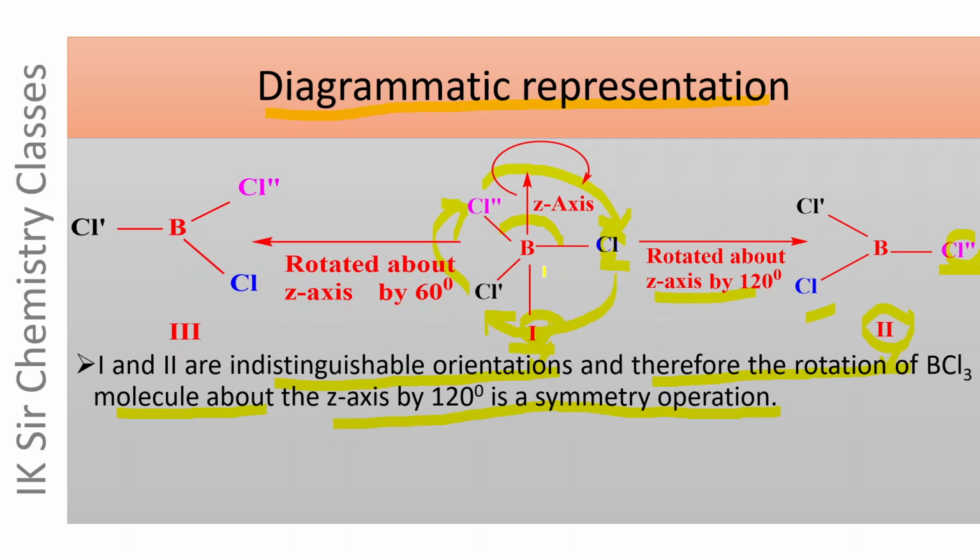Now let us rotate the BCl3 molecule about the Z axis by 60 degrees only.